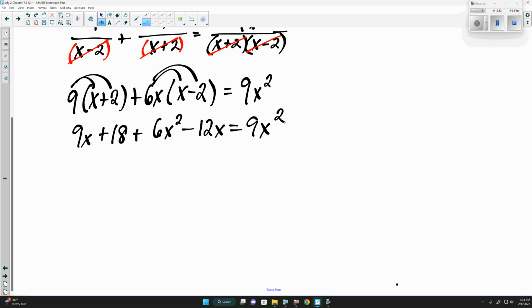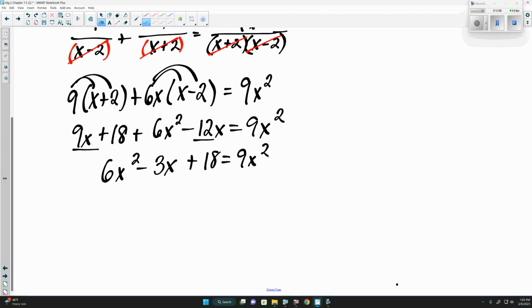Now we can combine some like terms. 6x squared is still going to be the same. The only like terms we have are 9x and negative 12x, and 9x minus 12x is negative 3x. And plus 18 is equal to 9x squared. Now we do need to get it to be equal to 0, so what can we do next?